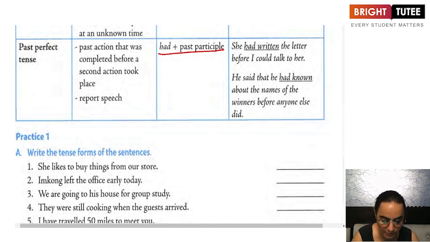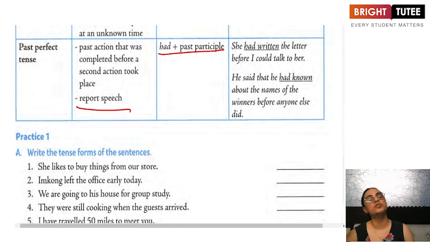Next, we use the past perfect tense in the reported speech. Direct, indirect speech, when we talk about them, we always use the reported speech for that. For example, my mother said that she had known this person earlier.